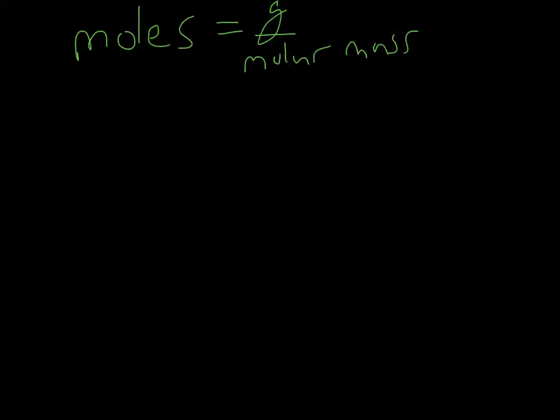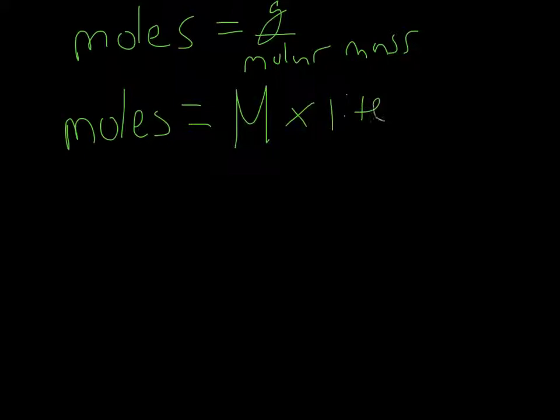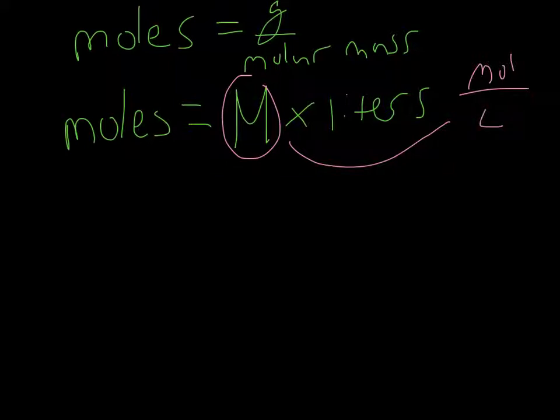The next one, which is also pretty straightforward, the amount of moles is equal to the molarity times the liters in the solution. Well, this is pretty obvious because if you remember, M is short for mole over liter. So another pretty easy one.